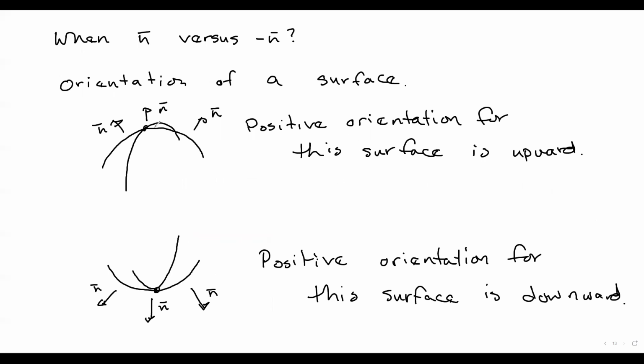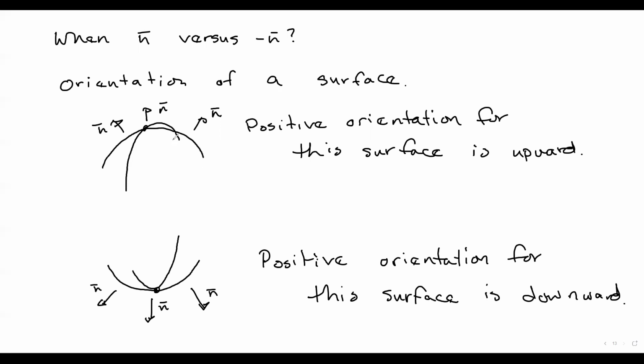Now, this is all good. Upward for this, that's positive orientation. Downward for this, that's also positive orientation. However, I want to make one minor change in terms of interpretation, because we're going to extend this idea to closed surfaces.